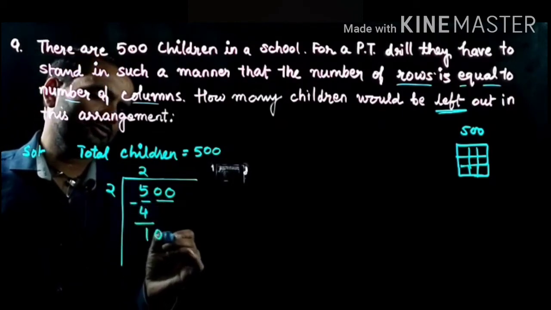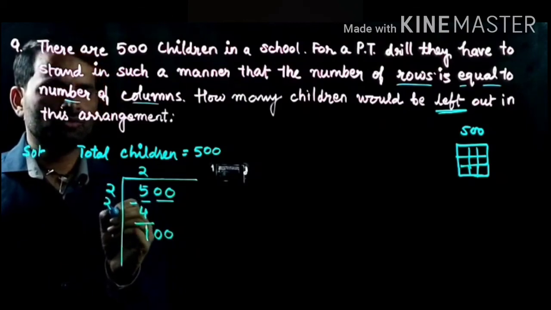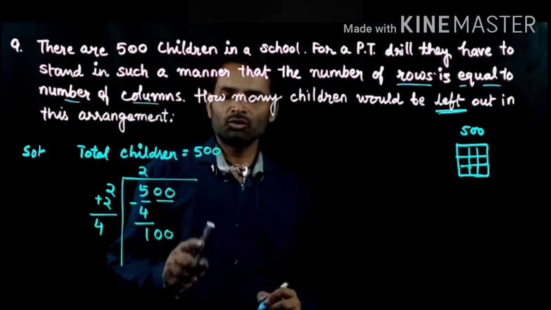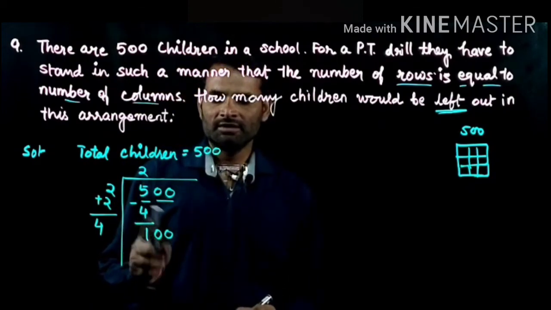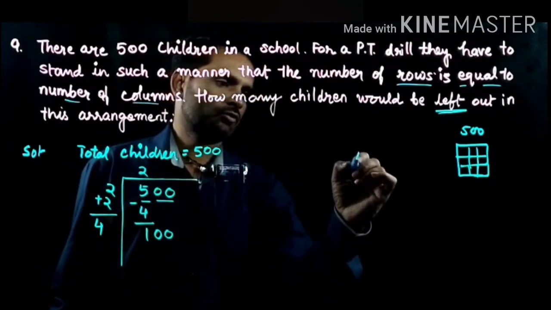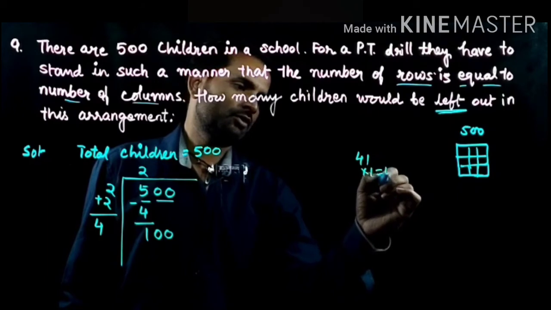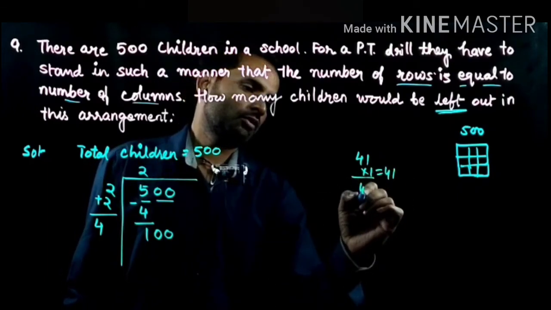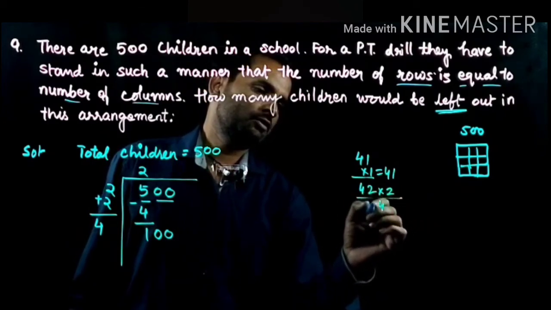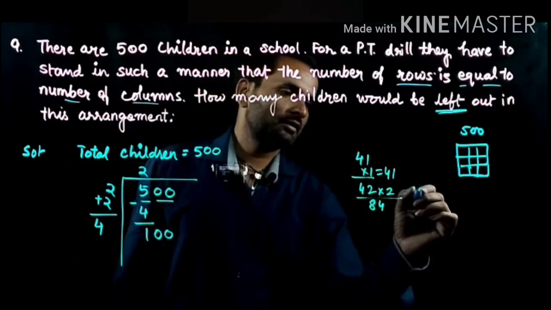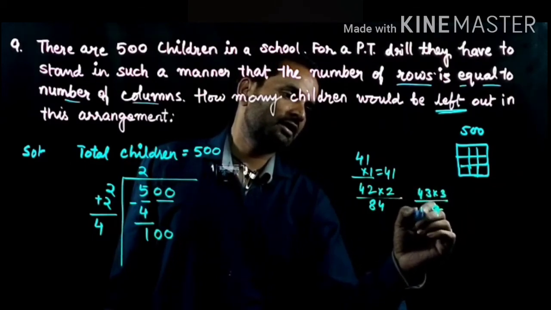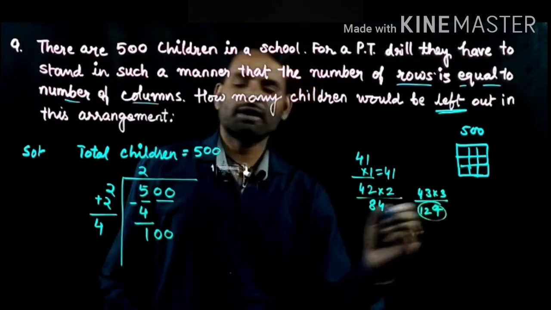After subtraction your next pair is 100, and this 2 is added, making 4. One more than the number in the previous case, so this number is 4. 41 into 1 is 41, 42 into 2 is 2 2 is 4, 2 4 is 8, and 43 into 3 is 3 3 is 9, and 129. 129 is greater than 100.